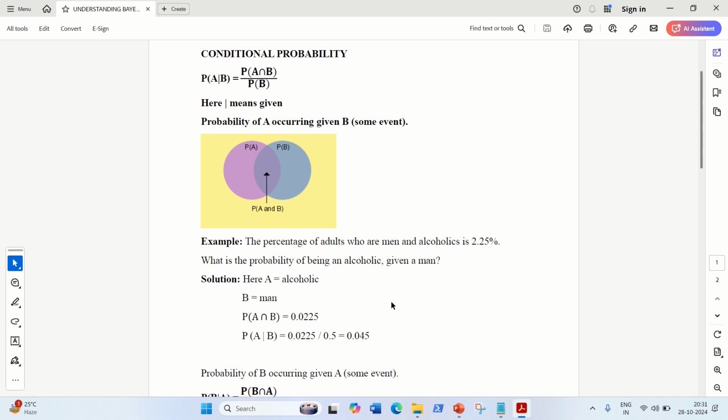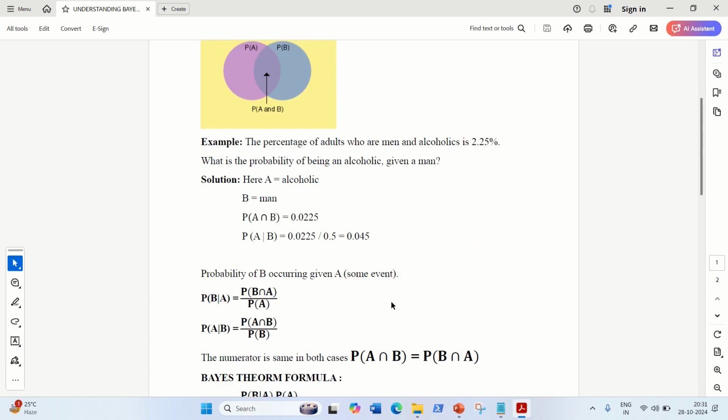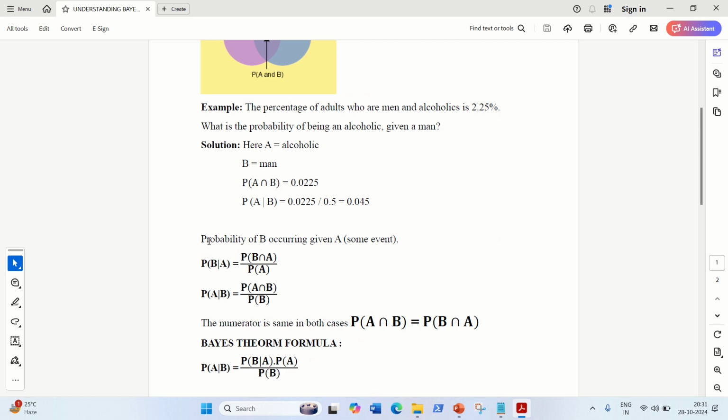Now let's come to the Bayes theorem part, right? Suppose we flip things, so that instead of A we have B, and instead of B we have A. If we say P of B given A, it will be P of B intersection A divided by P of A. Obviously, B intersection A and A intersection B are the same, so the numerator is the same in both cases.